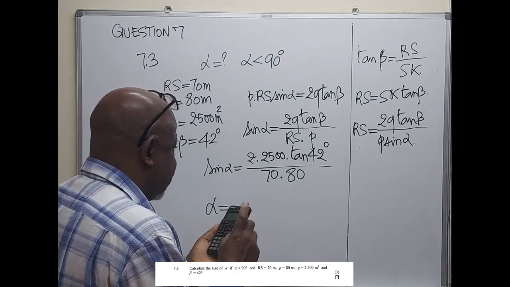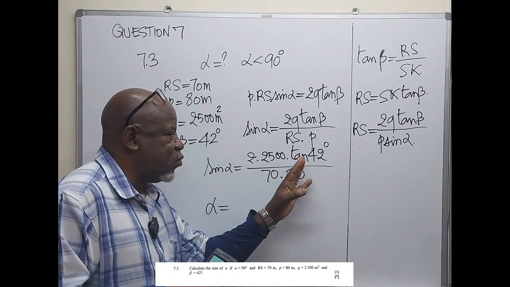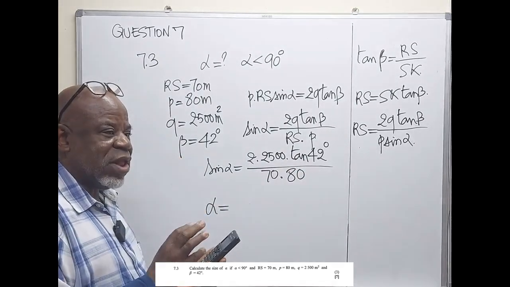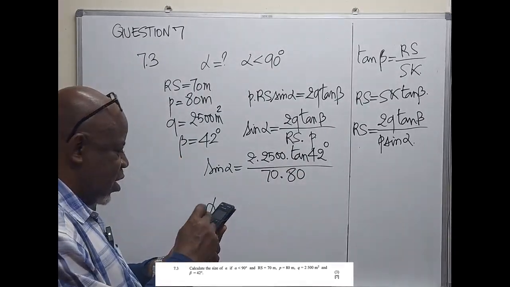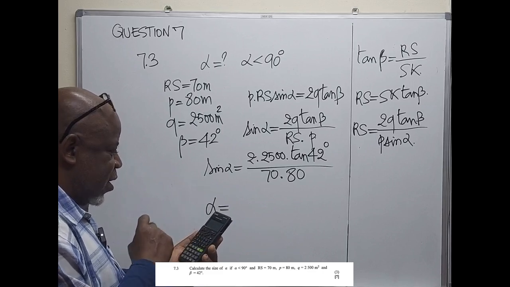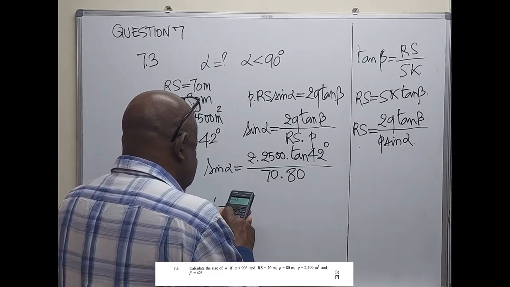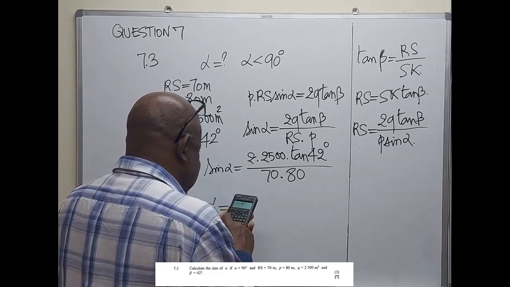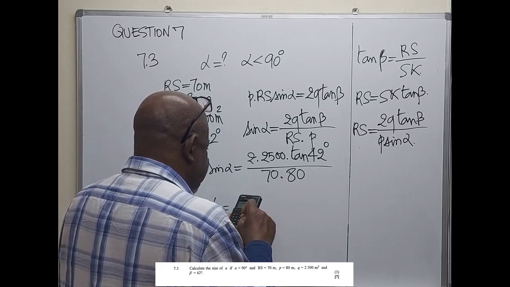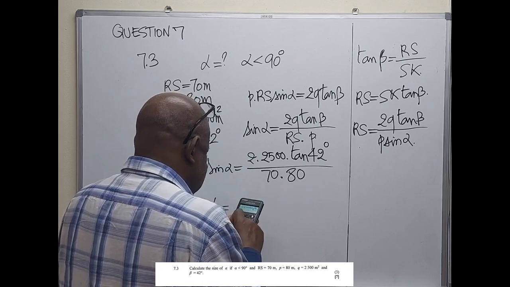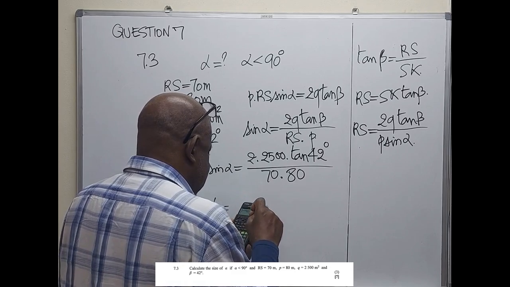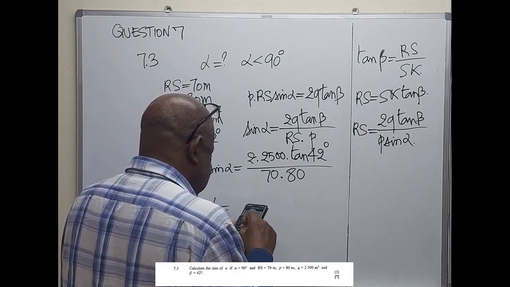Let me start afresh, because remember we have sine alpha equal to this value. If we want to get alpha, we will take sine minus 1 on the calculator, meaning the inverse of sine. So this is what I'm pressing now. Shift sine. We're doing this calculation: 2 times 2,500 multiplied by tangent 42 over 70 multiplied by 80, and then we close the bracket.